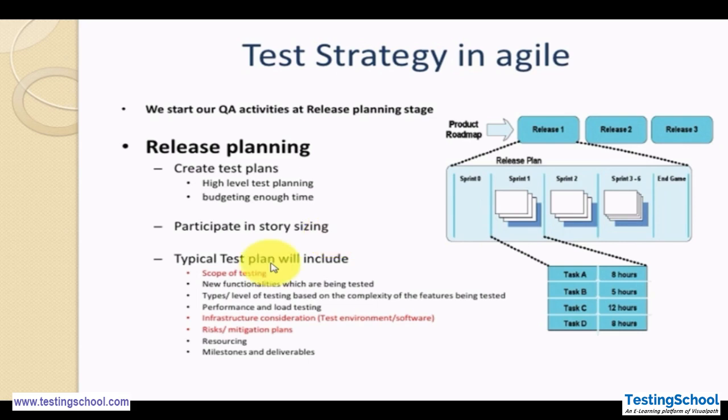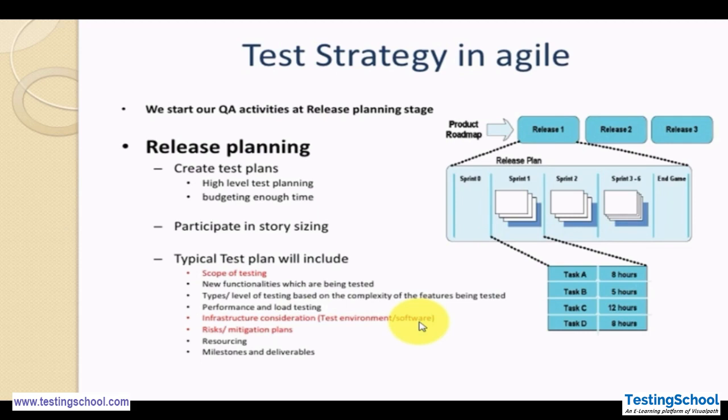We can say that in a test strategy we have several test plans, that is, the scope of testing, new functionalities which are being tested, and types and levels of testing based on the complexity of the feature, like performance testing and load testing. Then we have infrastructure considerations like the test environment or software.